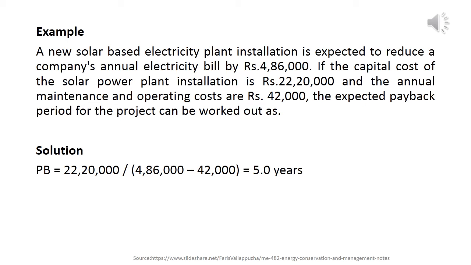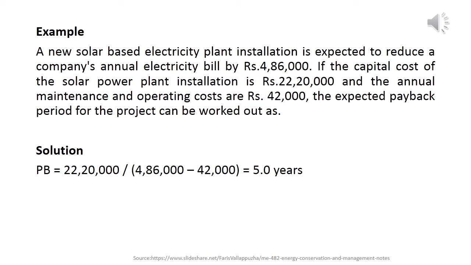Friends, we can have an example of this also. Let's say a new small cogeneration power plant is expected to reduce the company's annual energy bill by rupees 4,86,000. If the capital cost of the power plant installation is rupees 22,20,000 and the annual maintenance and operating cost is rupees 42,000, what is the expected payback period for the project?